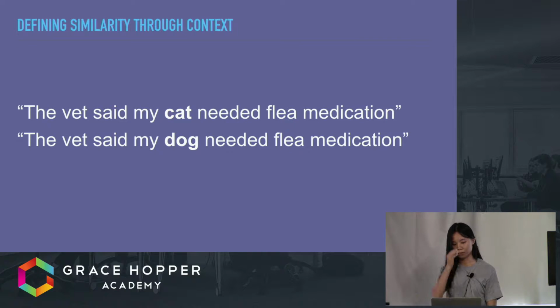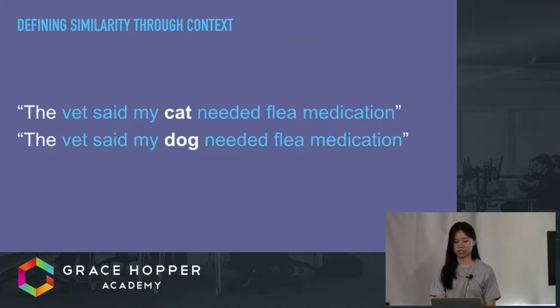So Word2Vec would take a word and look at a window of words, which they call the context. So if two words belong in sentences that are similar to each other, that means they're similar. So we know that cat and dog have something to do with vets and flea medication.